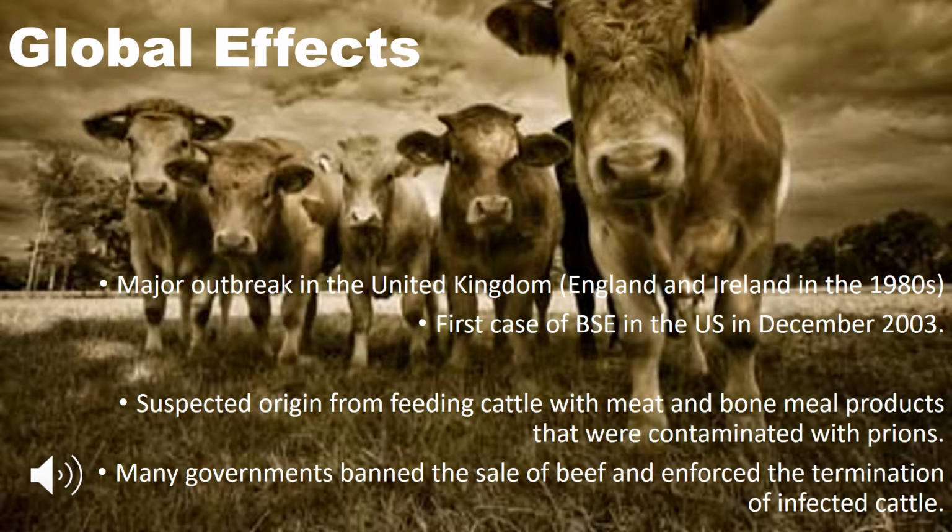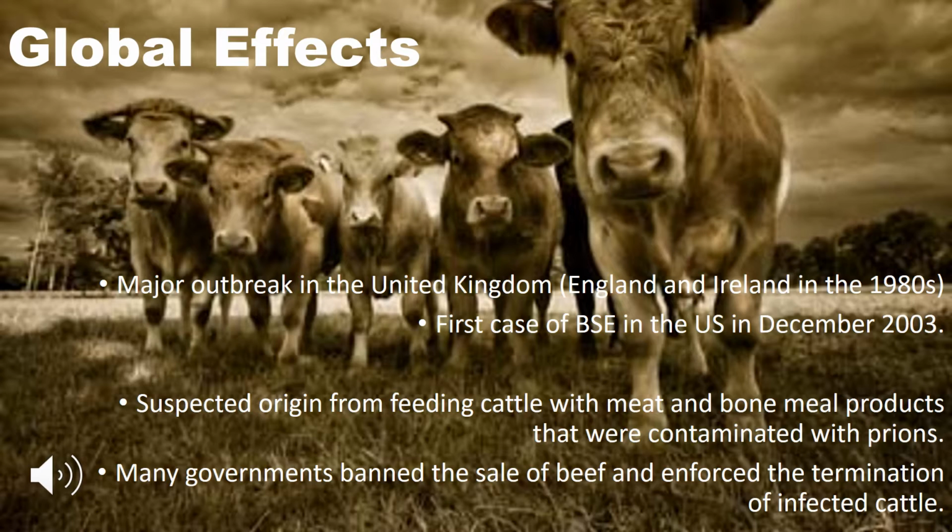As I mentioned earlier, the origin hasn't been confirmed. It's really debatable. But one of the more prevalent theories is that the cows were being infected because of what they were being fed. They were being fed MBM, meat and bone meal. So I think you could say that cows were being fed other cow parts.